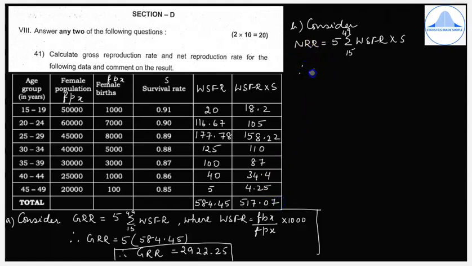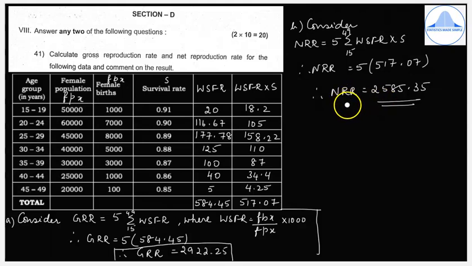So NRR is equal to 5 into 517.07, or NRR is equal to 2585.35.